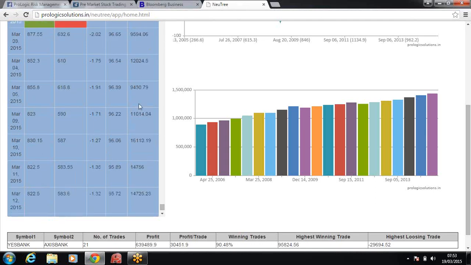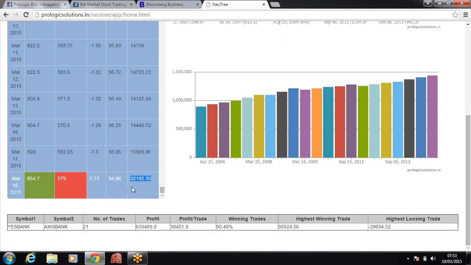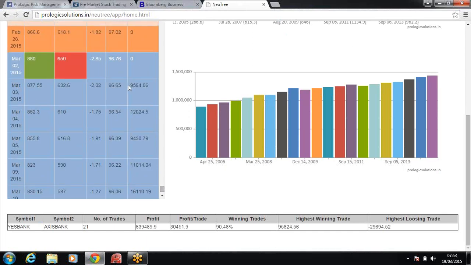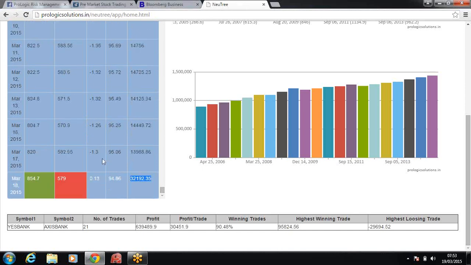So that's roughly 1, 2, 3, 4, 5, 6, 7, 8, 9, 10 days trade. 10 days, 32,000. So the strategy is, in case you have enough funds in your account, enter into 2 lots, and then try to book your profit initially when the Z-score comes from 2 to 1.5 or something like that. And then on the next lot you can book the maximum profit out of the trade.